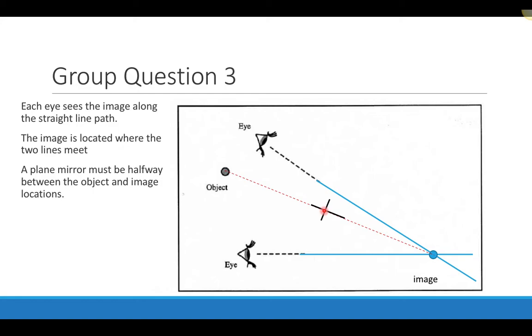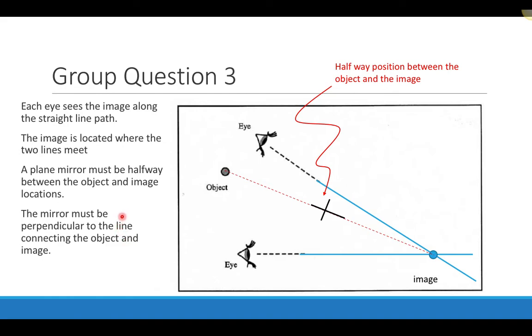It's hard to do this in a PowerPoint presentation, so I did have to estimate it, but if you were using a ruler, you could measure the distance between the object and the image along that straight line and figure out where the halfway point is, and then put a crosshair at that halfway point. So there's my halfway point.